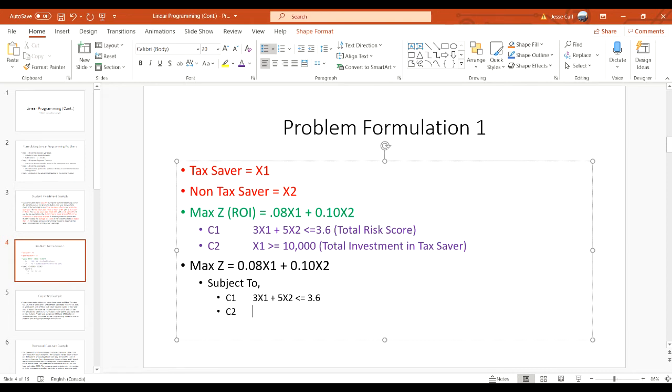Constraint number 2, we have x1 is greater than or equal to $10,000.